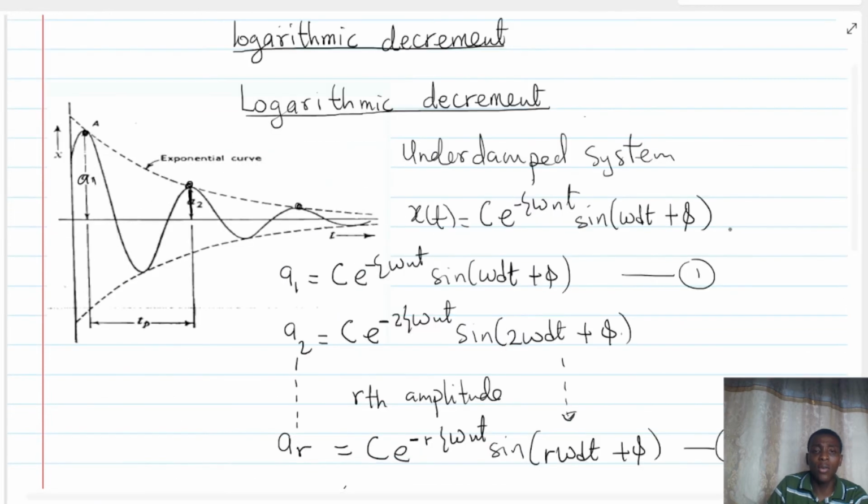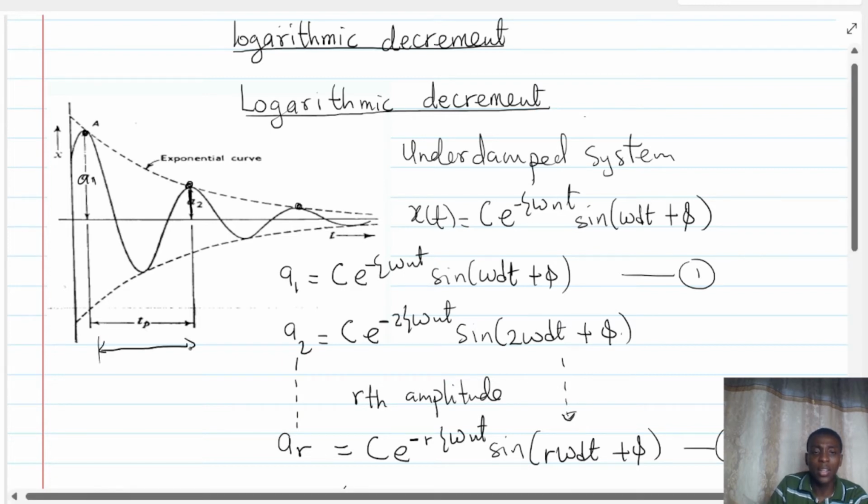A careful study here will reveal that the t we are talking about is actually the period from our damped natural frequency. You know, the damped natural frequency is ωn √(1 - ζ²).